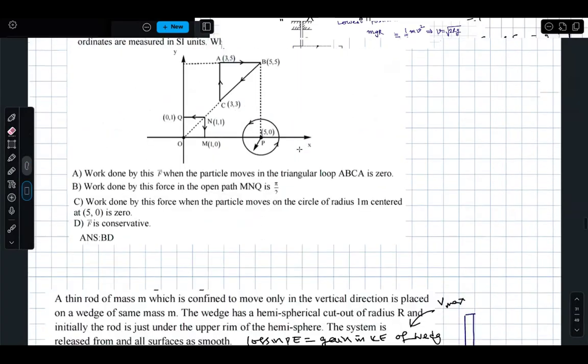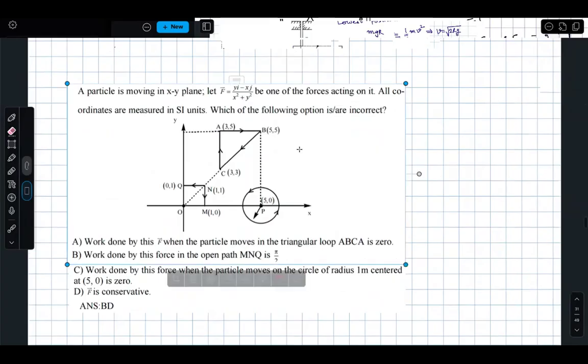So this we have done already. This is also a very good question, in fact.